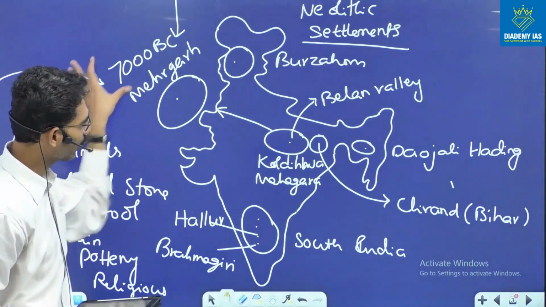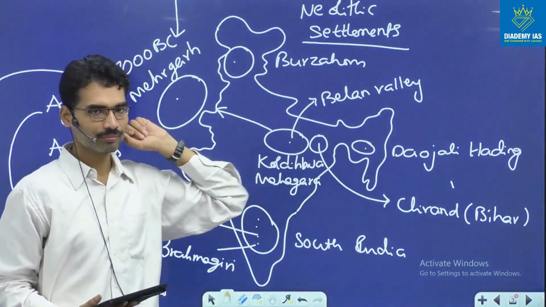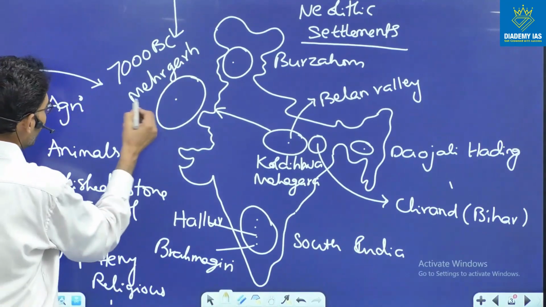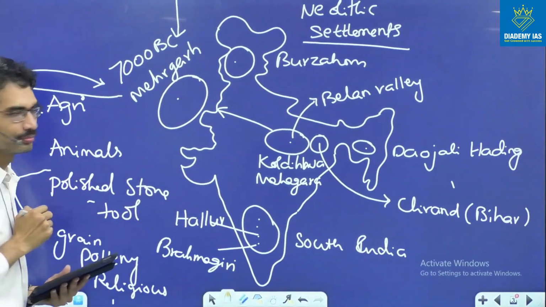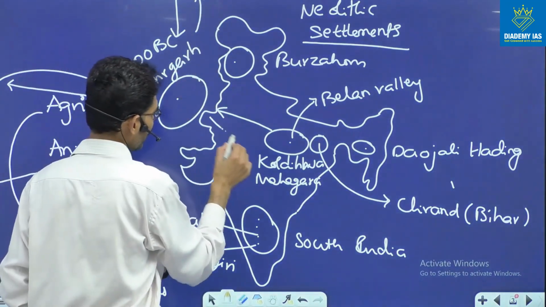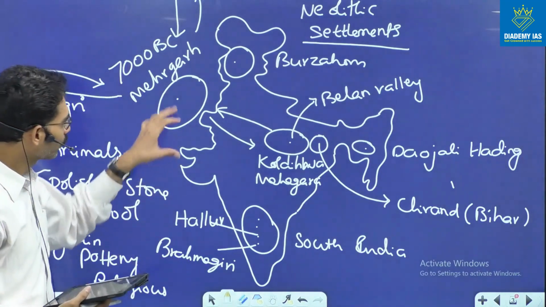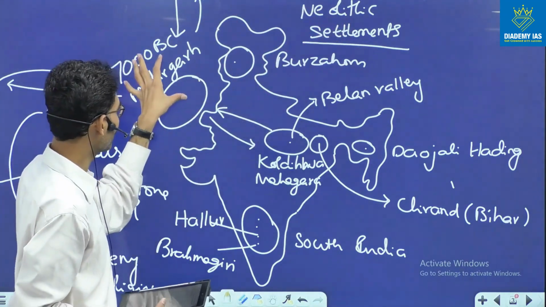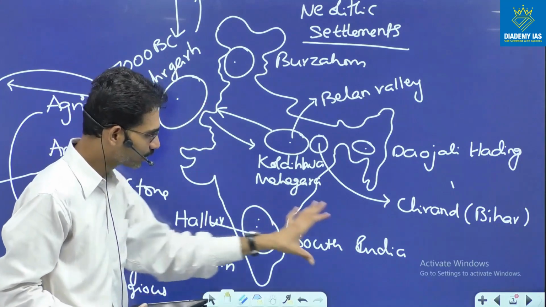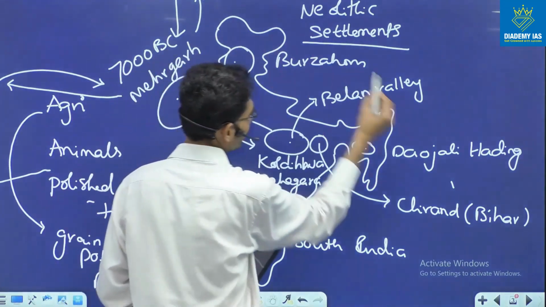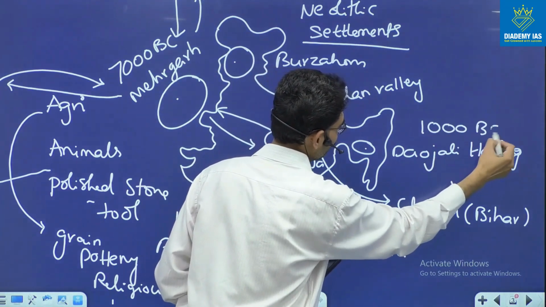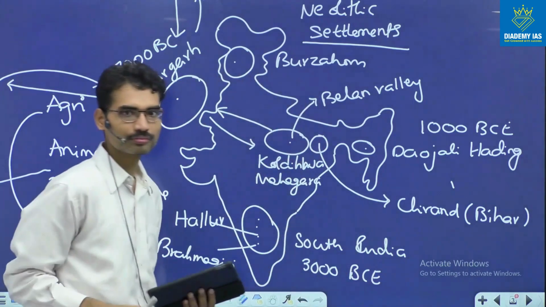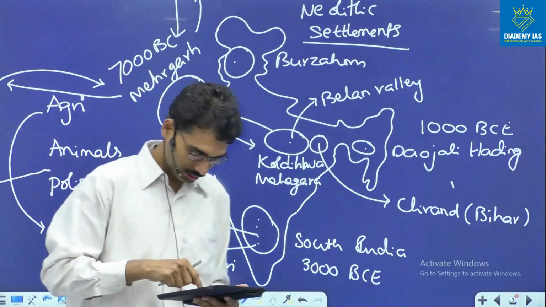This cultural exchange is there throughout history. That's why whatever is happening here also impacts there, and the same thing the other way. But only this area emerged in the initial stage. That's why Neolithic settlement emerged first. Evidence comes from this area, and as we go on, it will spread like this, 7000 BC, this side 3000, this side 1000 BC.